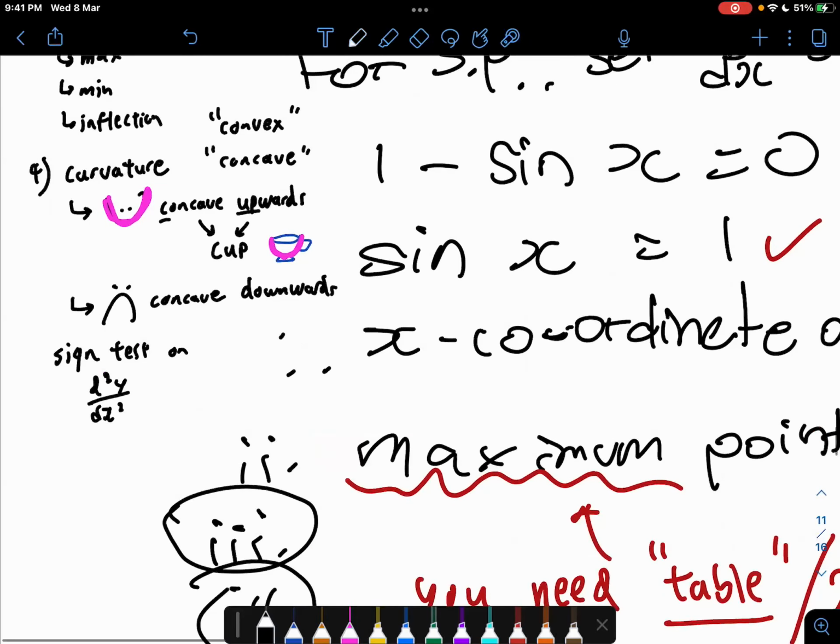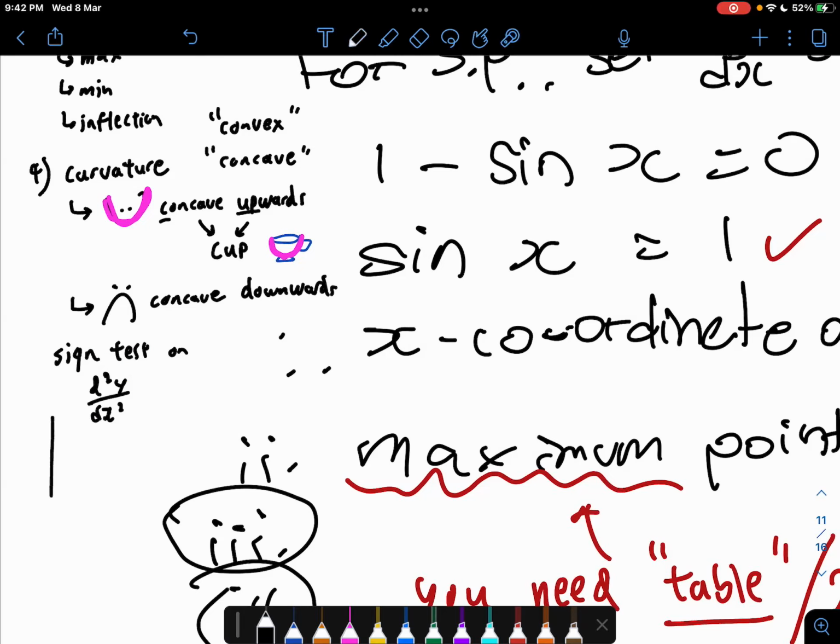So sign test is similar to your first derivative test where you draw the table, that helps to determine the nature of SP, whether max, min, or inflection point. But if you do a sign test on the second derivative, this is not related to the second derivative test. It's a sign test on this guy. You draw a table again. You'll be able to determine the points at which they change their curvature.